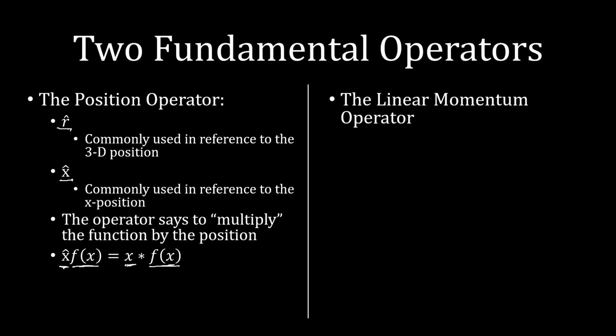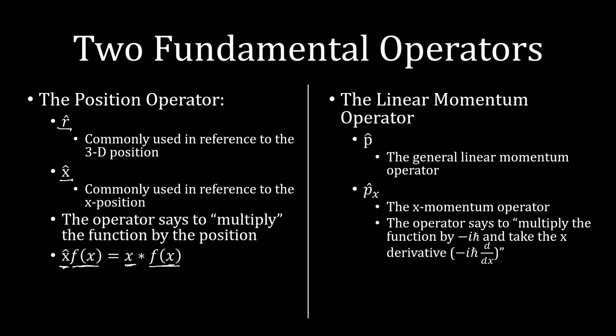So now let's talk about the linear momentum operator. This is the other fundamental operator. So here we're going to use p hat, of course p standing for momentum, and this is the general linear momentum operator. And now, just as we did on the other side, we're going to particularize to one dimension.